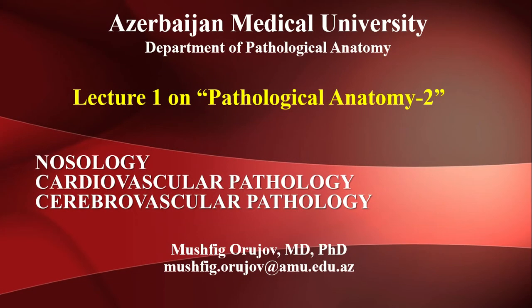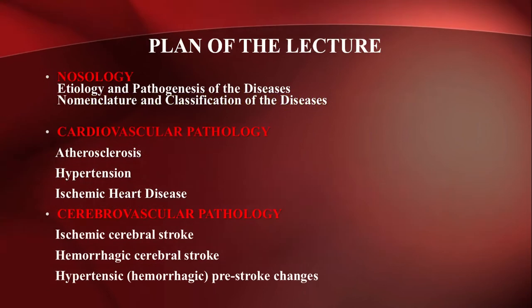The topic of our today's lecture will be the following: nosology, cardiovascular pathology, and cerebrovascular pathology. The plan of our today's lecture is nosology, where we will discuss the etiology and pathogenesis of the diseases and the nomenclature and classification of the diseases.